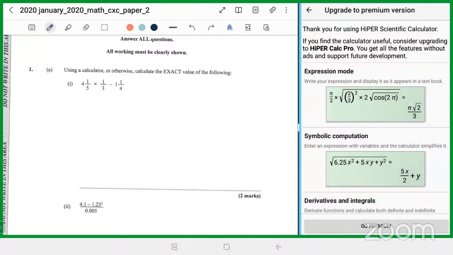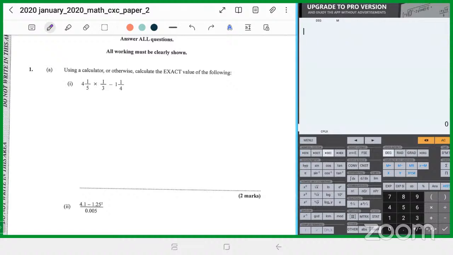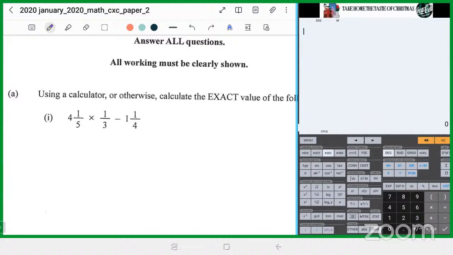It's just a matter of typing this in the calculator exactly as it is right here. Usually you need to get one of those textbook display calculators. The first thing here is a mixed number, 4 1/5. Then we're multiplying by a fraction, a third, and we're subtracting a mixed number, 1 1/4.